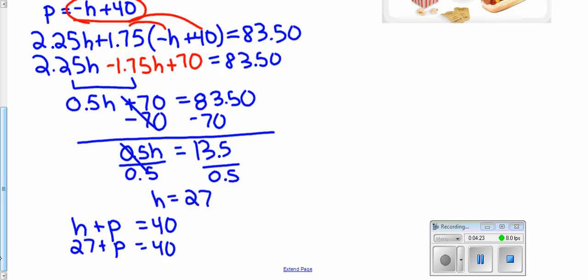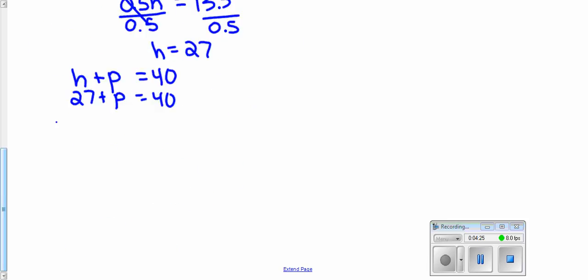Right? And when I do that, I have to subtract 27 from both sides, and I get 40 minus 27, and for that I get 13.